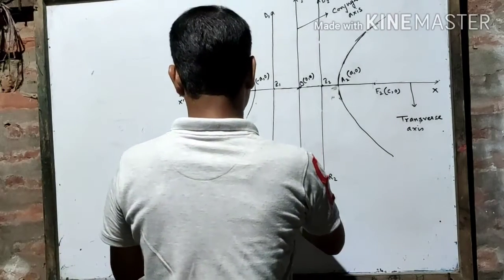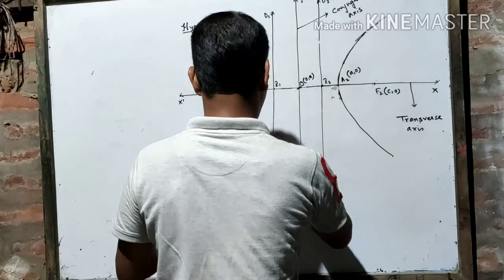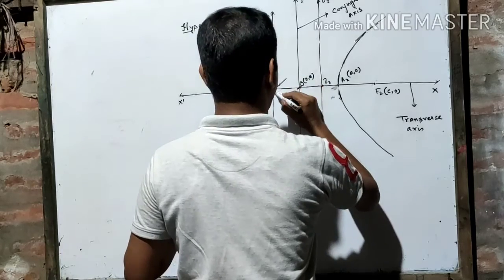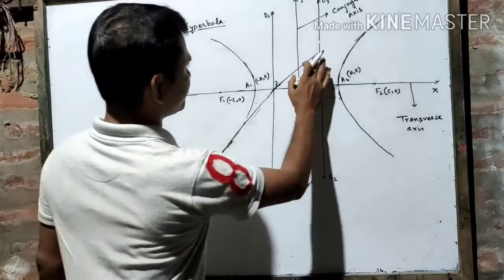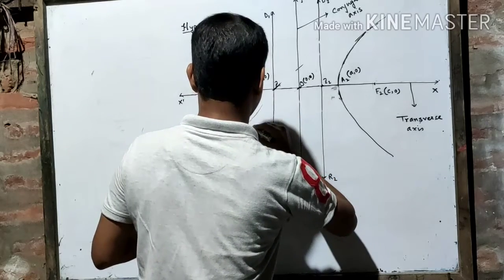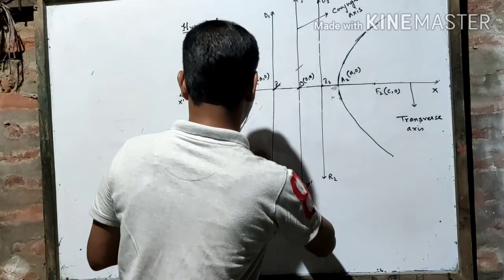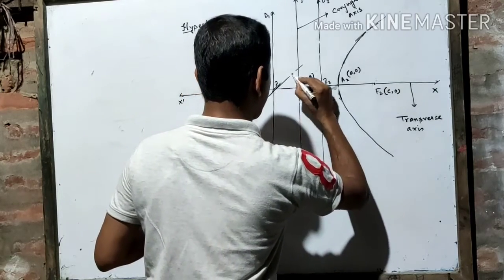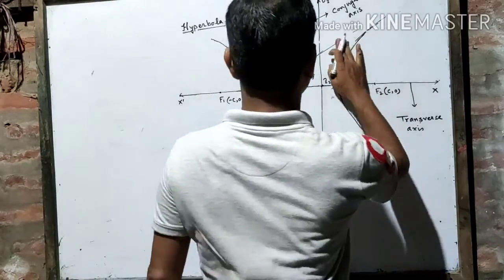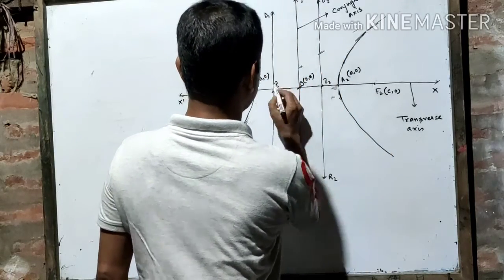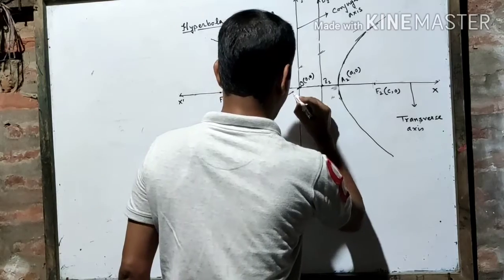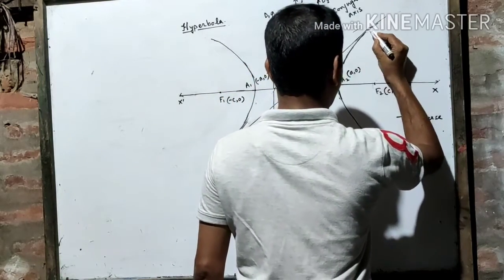Let us draw a tangent passing through the origin, that is, through the center.